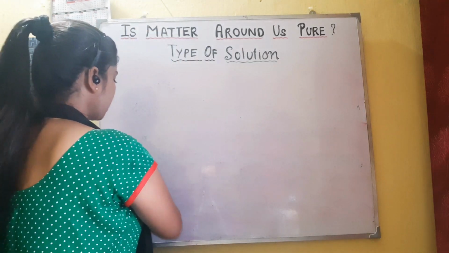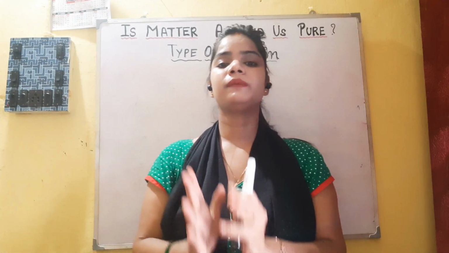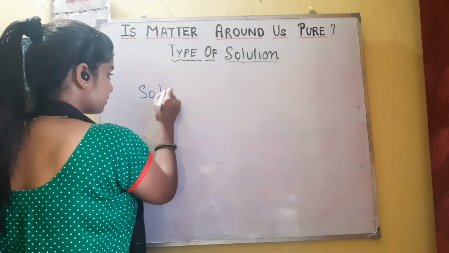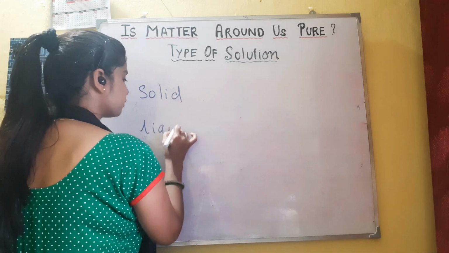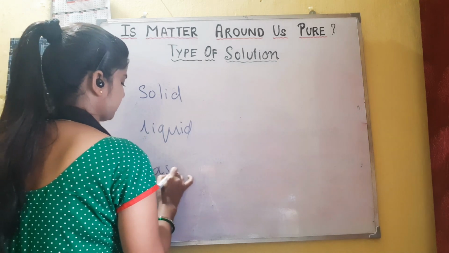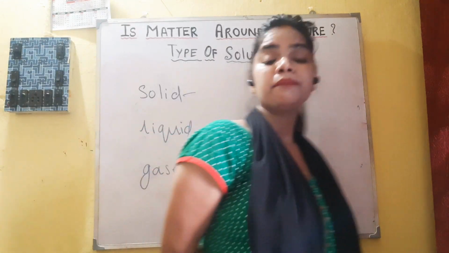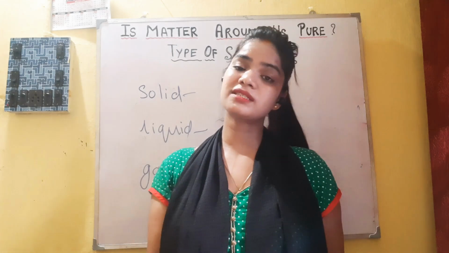Now, a solution may be in three forms. It may be in solid form, liquid form, or gaseous form. As an example of solid, alloy. What is alloy?